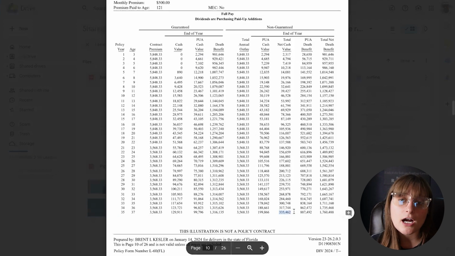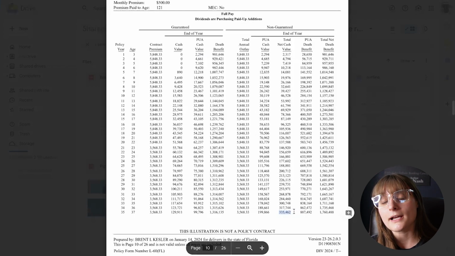But with all the 5 companies the Money Multiplier does business with, they've all been paying dividends for over 124 plus consecutive years. One of my companies, over 180 consecutive years. So it's a pretty strong chance that they're going to keep paying out these dividends.